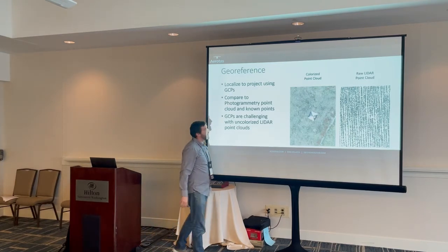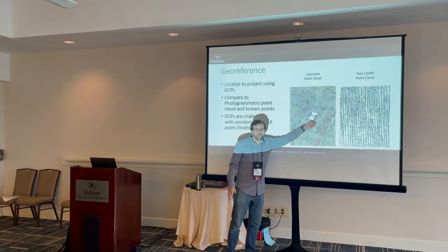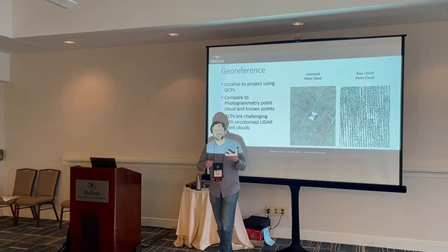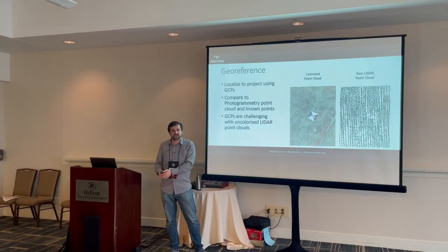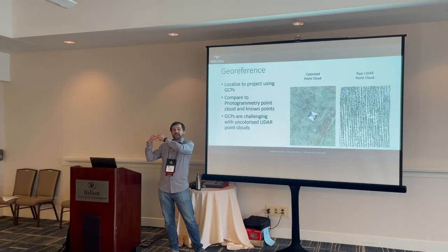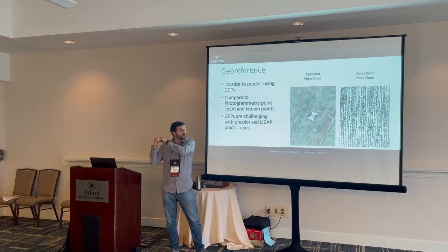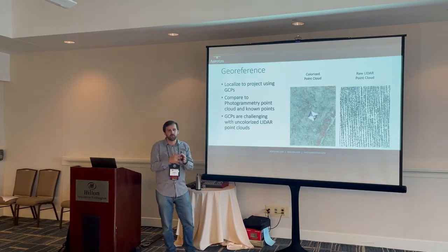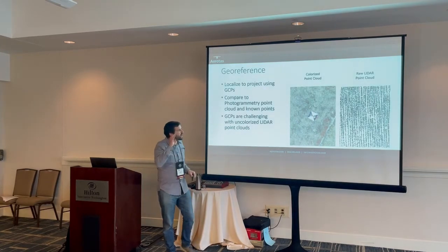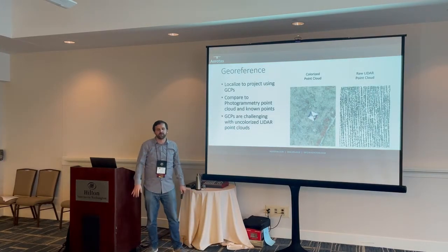But what we always like to do is localize with control at the very end, because that really helps you get everything on a site together. Even with Opus, you might have some systematic errors that everything's half a foot too high. And if you have your control, you just shift it down. It's just easy to make sure that everything is perfect to the site. That's what we always rely on, is control over everything else.